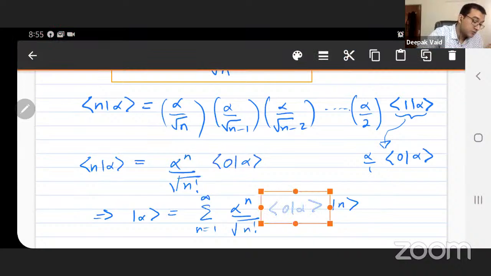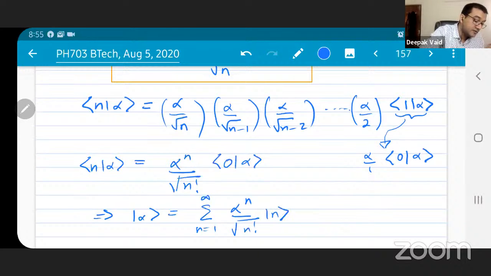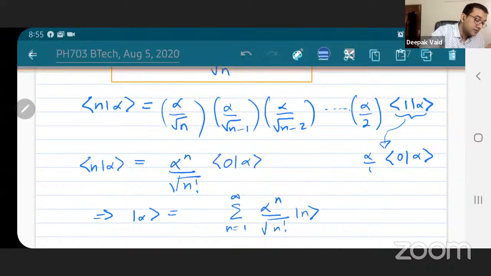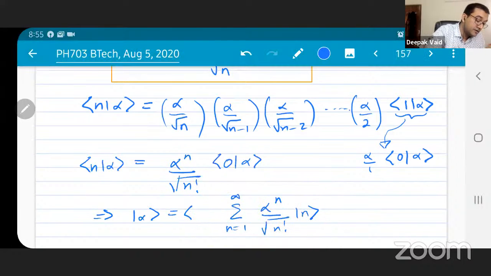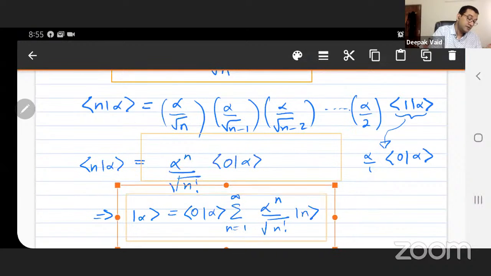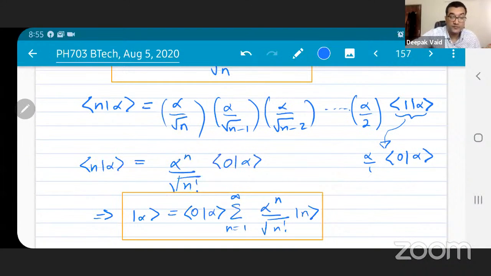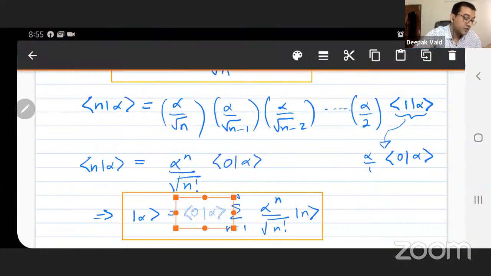So I can pull this out. So this is my expression for the coherent state in terms of just one quantity.